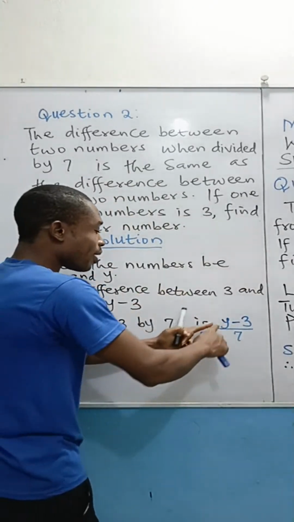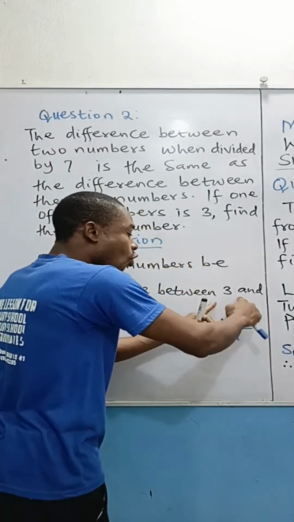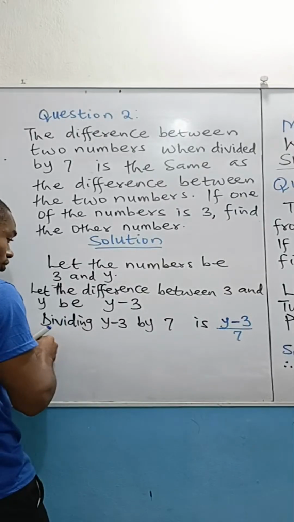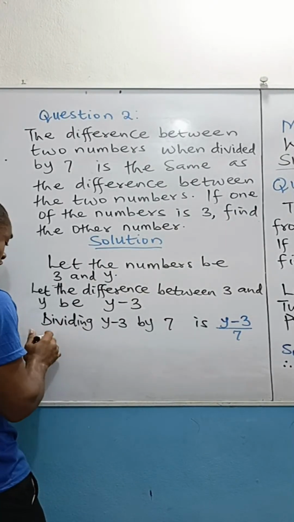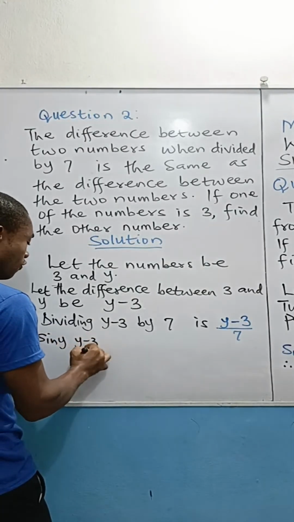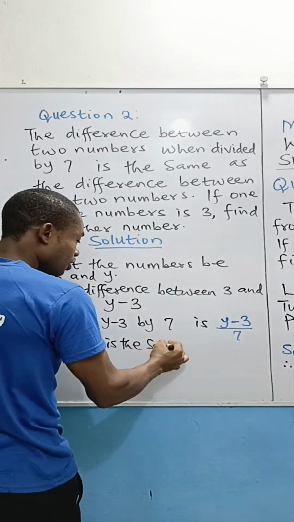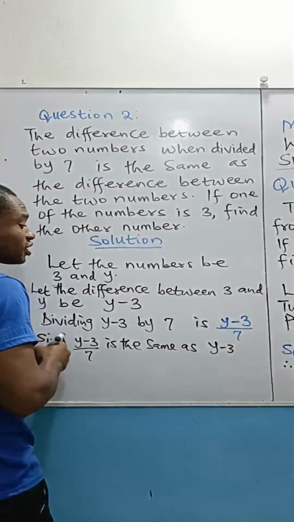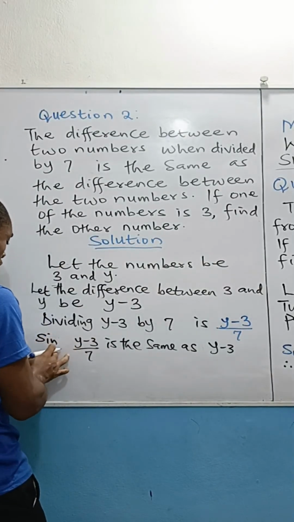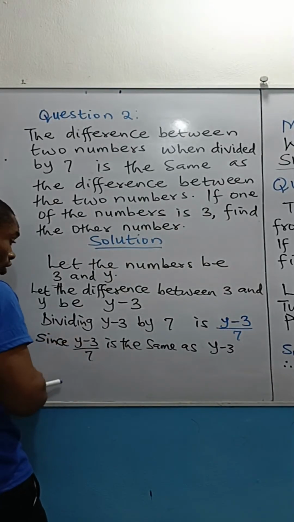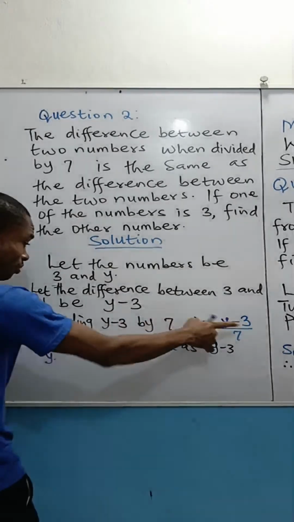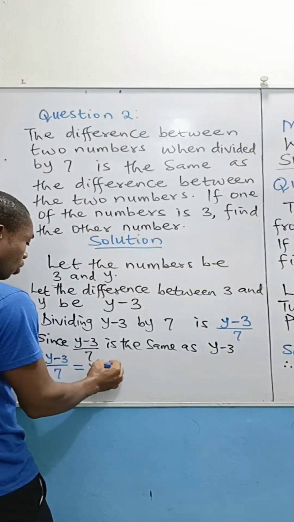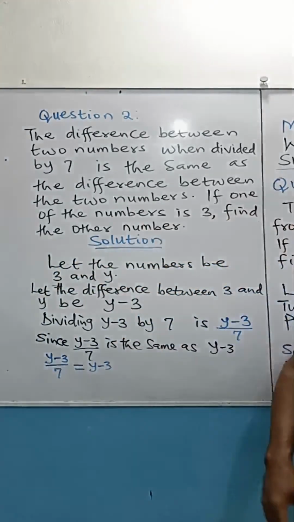Since the difference between the two numbers is y minus 3, and you're telling me that y minus 3 over 7 is the same as the difference, it implies that y minus 3 over 7 will be equal to y minus 3. So we have succeeded in interpreting that statement. You see what I did here?